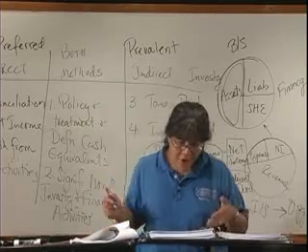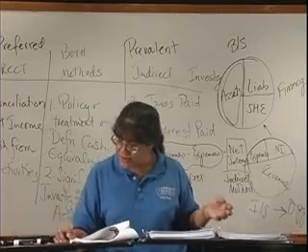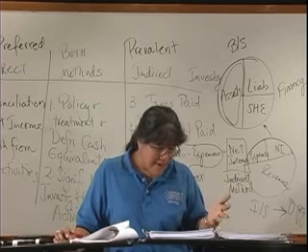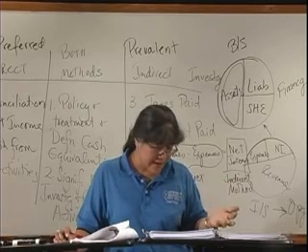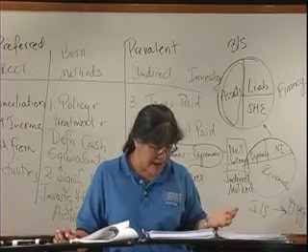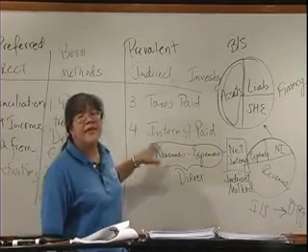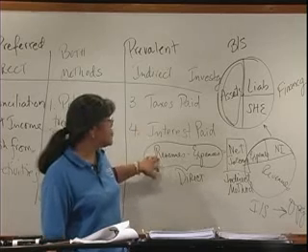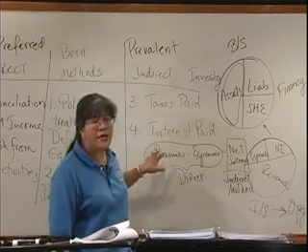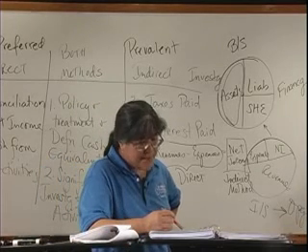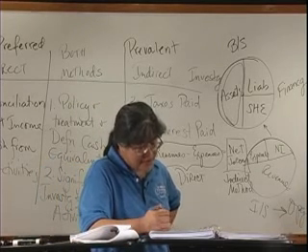Now, if you go back to page 616, under the direct method of presentation for the operating section, remember, in the direct method of presentation in the operating section, you're going to take each revenue and each expense and convert it from the accrual basis to the cash basis. So if you look on the bottom of page 616, they have activities that are reported on the statement of cash flow.